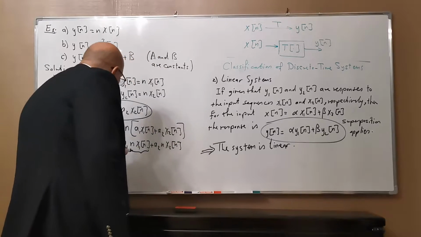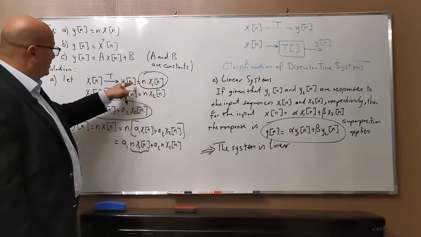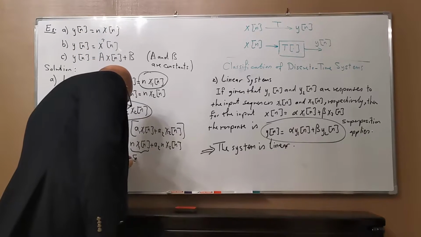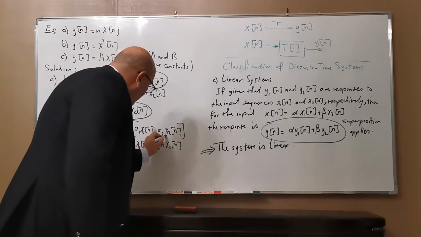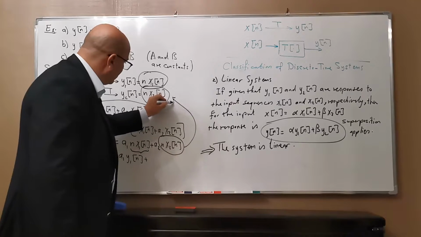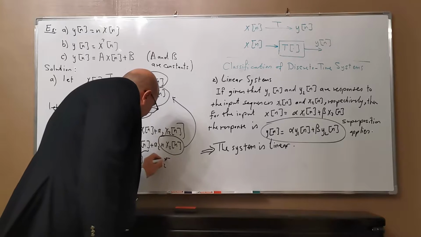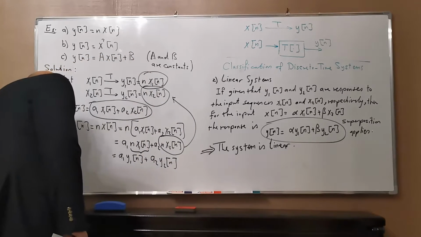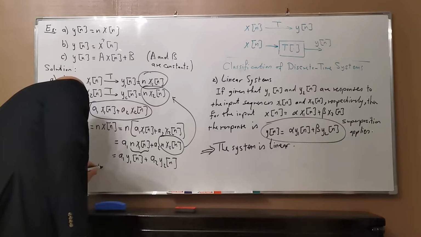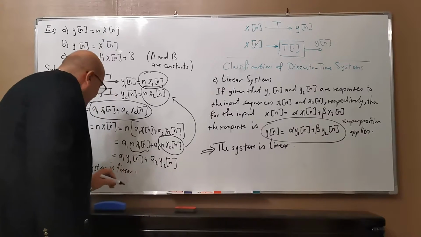What is this? This one here is the same as y1, so this equals a1 y1 of n plus, and this one here is y2, so a2 y2 of n. So the system is linear.